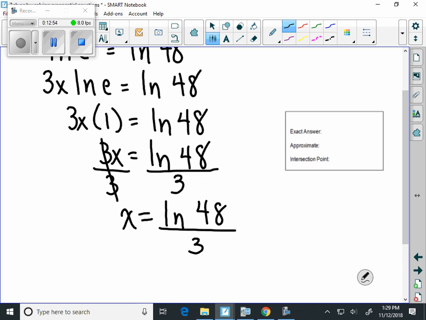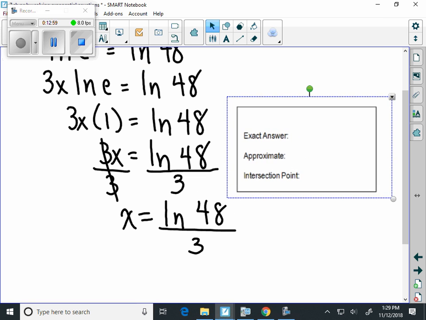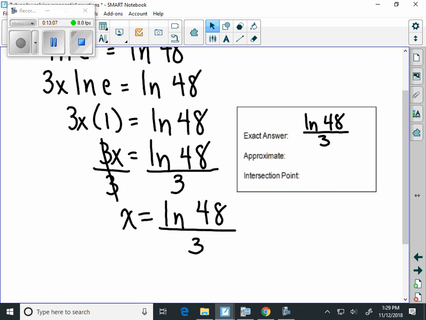I'm going to make my box bigger here so I can fit things in. That's our exact answer: natural log of 48 divided by 3. Type in our value in our calculator.